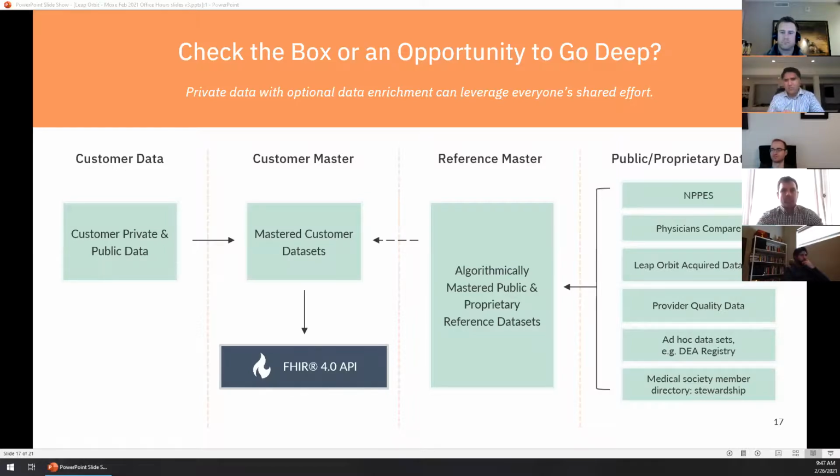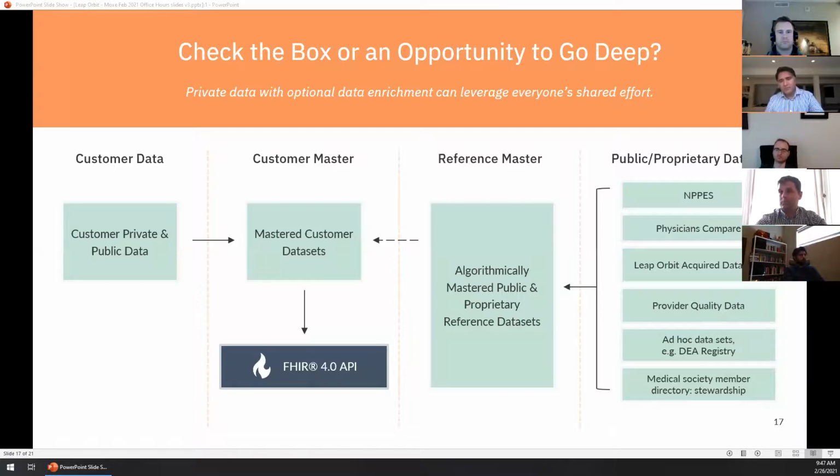Sure. Thanks, David. So to hit on that point quickly, if you see this diagram, from the right-hand side, you see what we call the reference data. Really, thinking about every plan, every organization, also provider organizations, they are keeping directories of provider information on their end, and it's quite wasteful to do this at every plan and every institution.